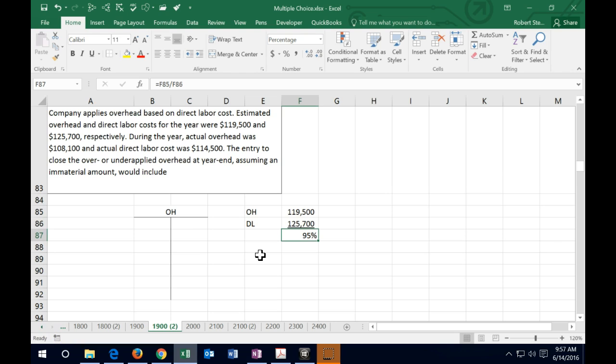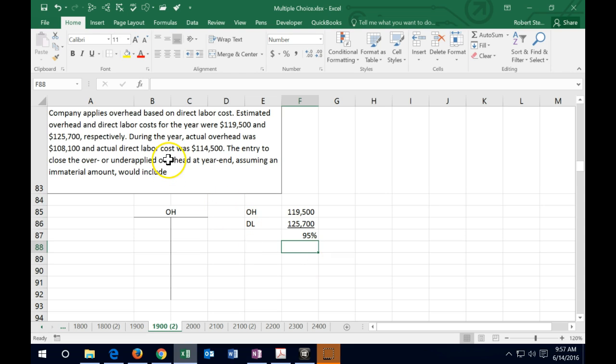Meaning we're going to use the direct labor that will actually happen during the time period at a rate of 95% in order to allocate the overhead to jobs, the jobs being different in size, the reason we need to allocate using the direct labor.